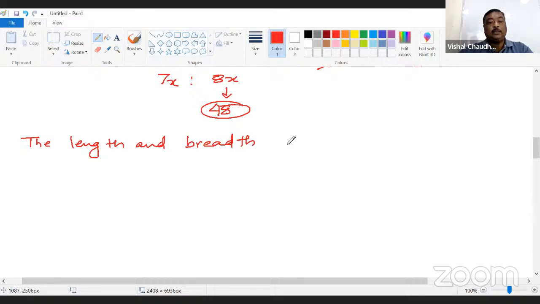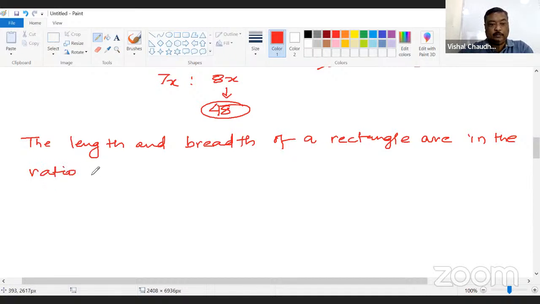The length and breadth of a rectangle are in the ratio 5:4.